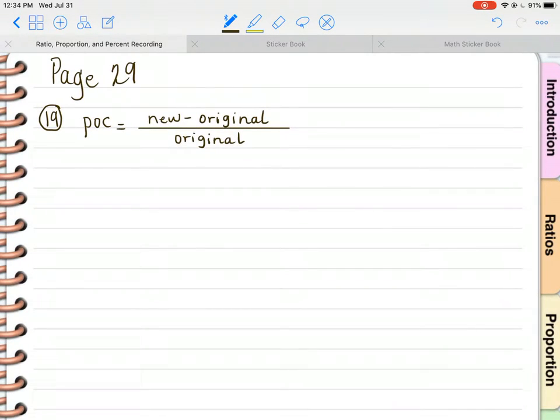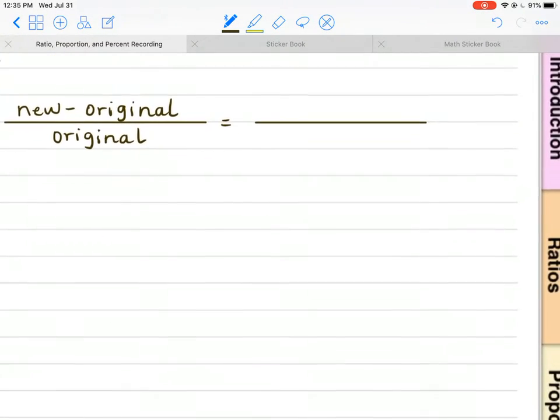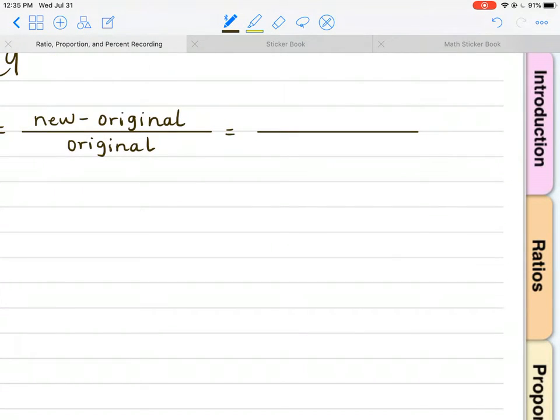But this is just our generic formula that we've been using all this time, and that is not going to change because that's how you find a percent of change. But I'm going to say that her new weight is double, it's twice the old weight. So I'm going to say it was 2 times her birth weight.